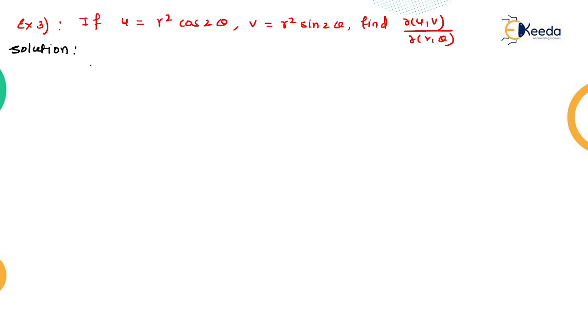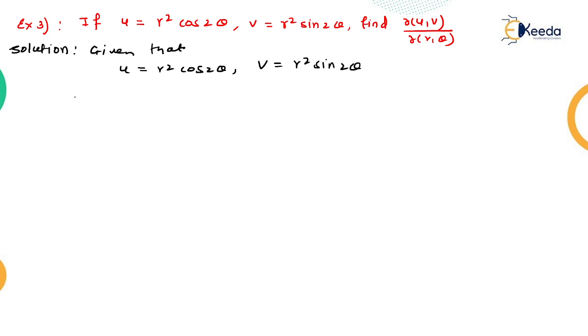So, what is given here: u is equal to r square cos 2 theta and v is equal to r square sin 2 theta, right?